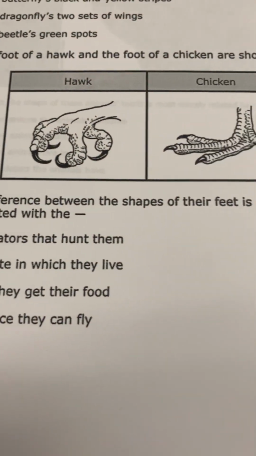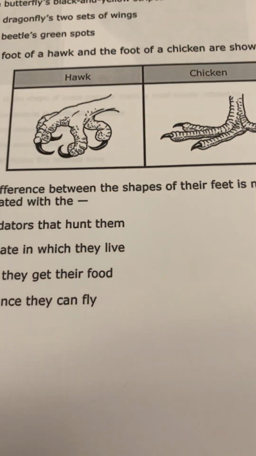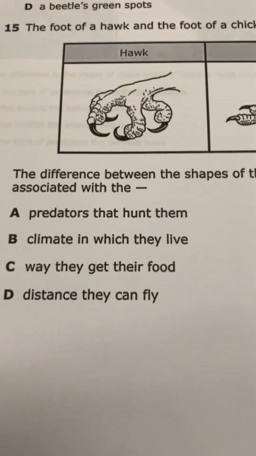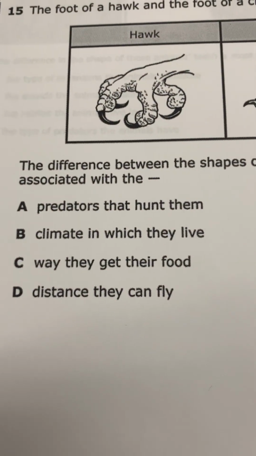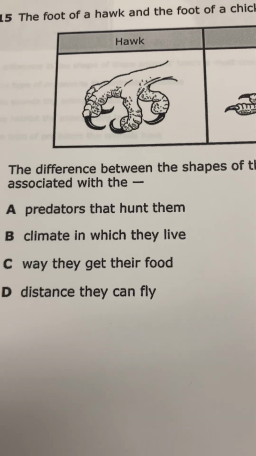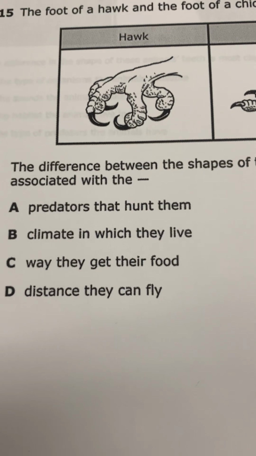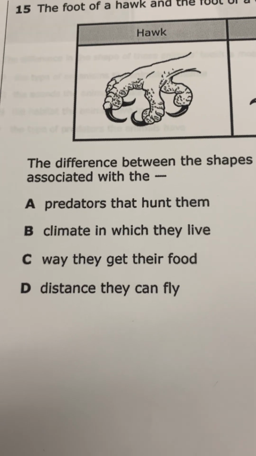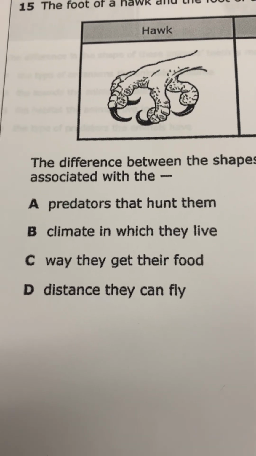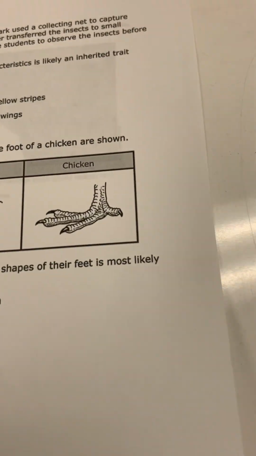So the difference between the shapes of their feet is most likely associated with A, predators that hunt them, B, climate in which they live, C, way they get their food, D, distance they can fly.